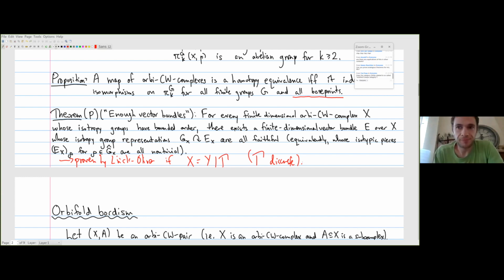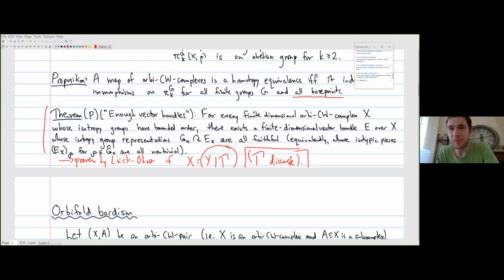They just didn't have motivating problems which required that generality. If you're an algebraic topologist who's only ever seen orbispaces which are global quotients, maybe that's the only sort of orbispace you'd think of. So they basically prove this enough vector bundle statement under a global assumption, and I don't know how far off that is from the general result. Anyway, I forgot the question I was answering, but hopefully I answered it.